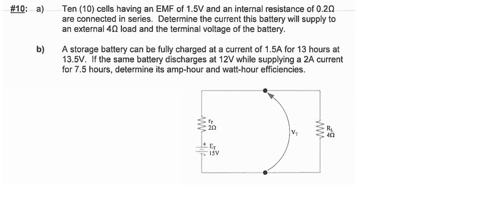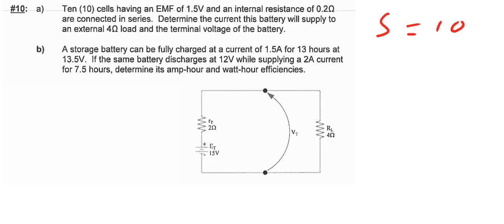Now, this is a battery question, and we have here a battery that consists of 10 cells connected in series, and so that means basically that S is equal to 10.